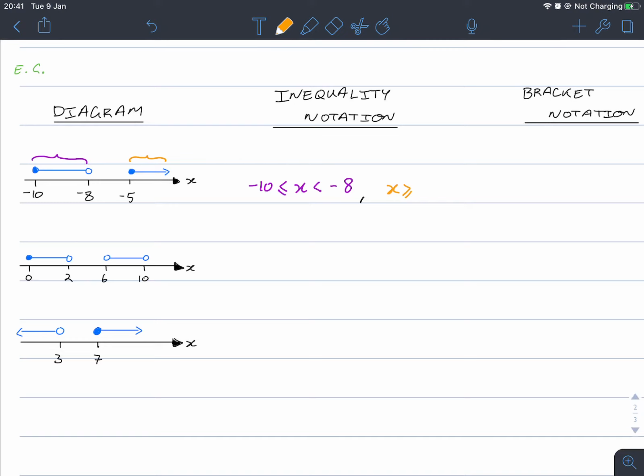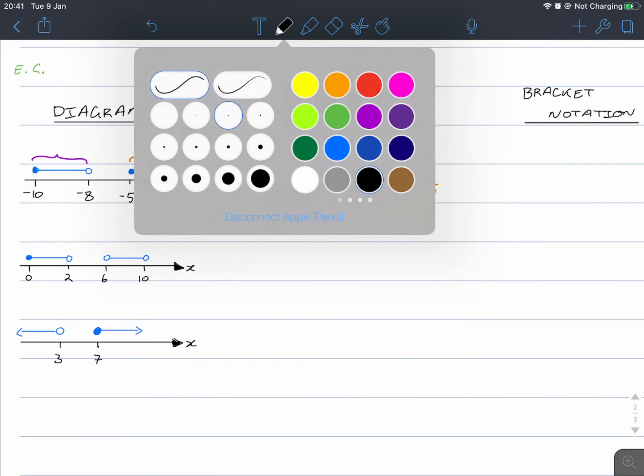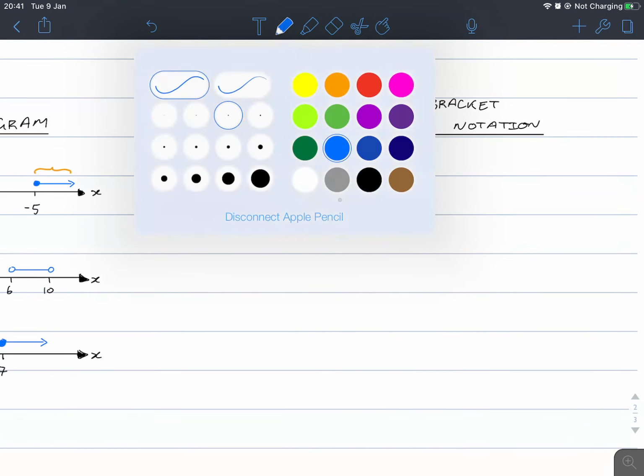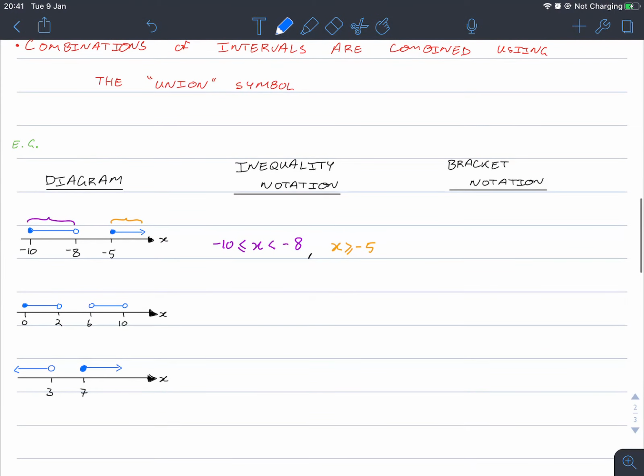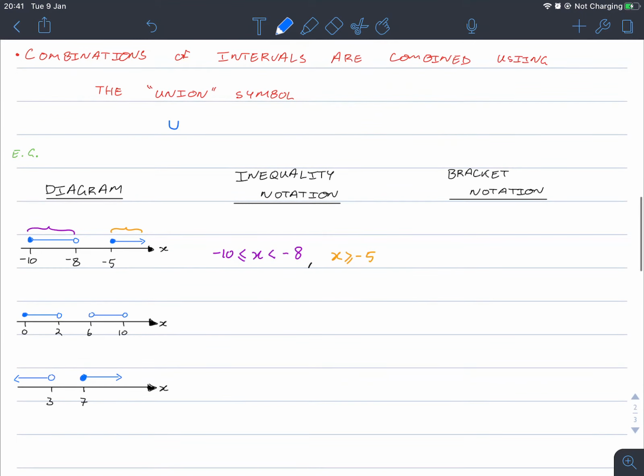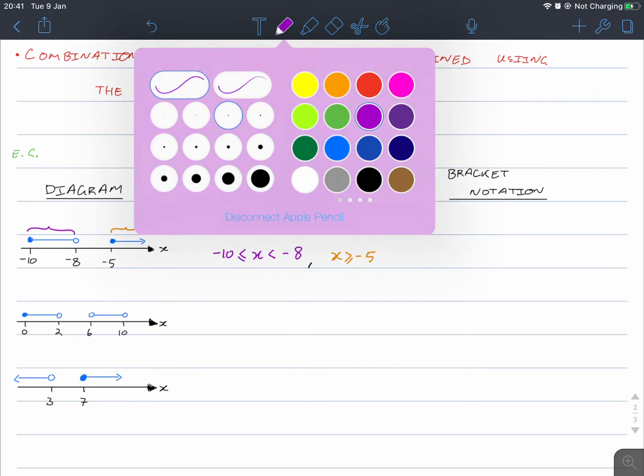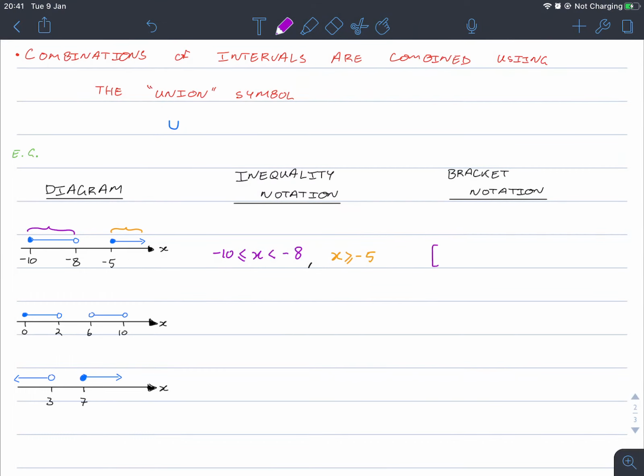Now with bracket notation, we do what's known as a union symbol, and the union symbol is literally a U. Let's do this bracket here first, this one in purple. That is starting at -10 to -8, but it is not equal to -8, so it only stops at -8, and we do that there.